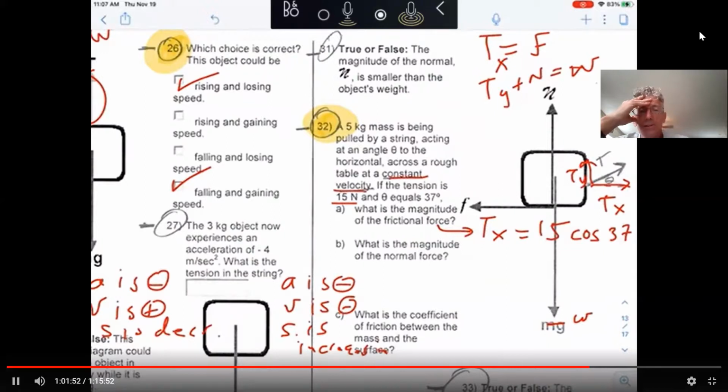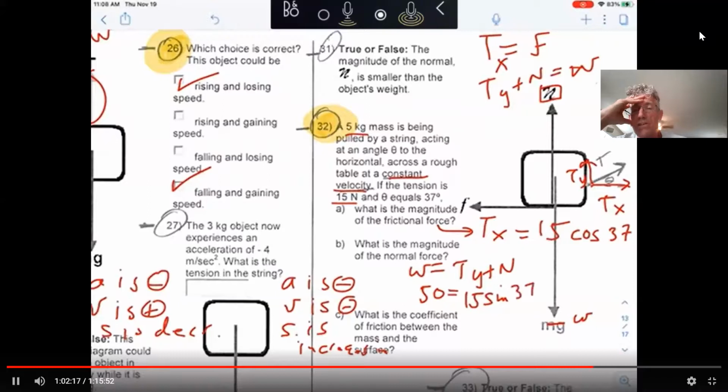Then find the normal force. Look at the picture. Ty plus normal force N is equal to the weight pointing down, because both Ty and N are pointing up. So putting in, don't forget the weight is 10 times mass. It's equal to Ty, which is 15 sine of 37, T sine theta.